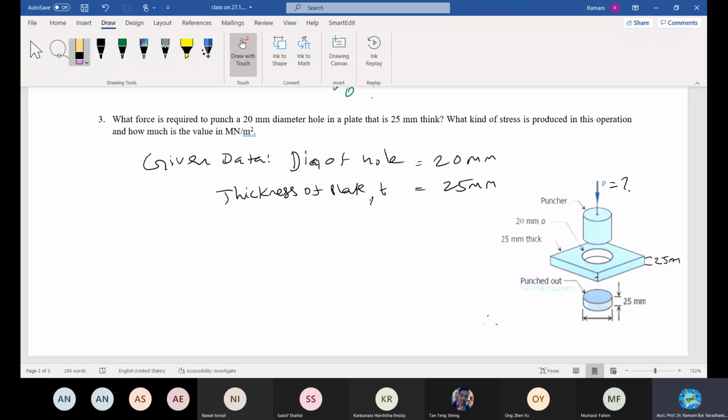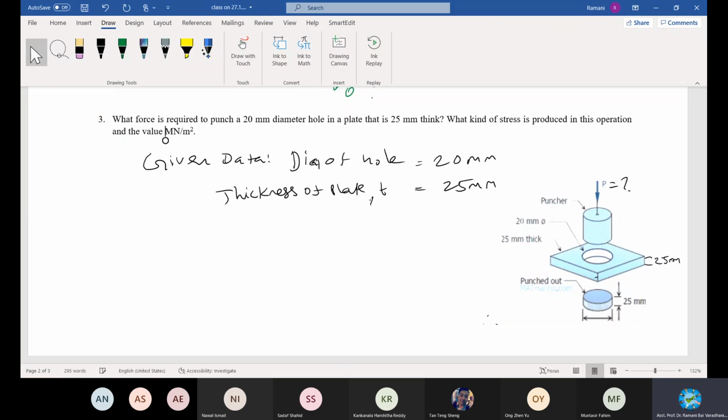Okay, I give you the shear strength. You need to find the loading, because I already asked what force is required. Sorry, I need to edit this one. I don't know why I cannot select this. Thank you for the correction.